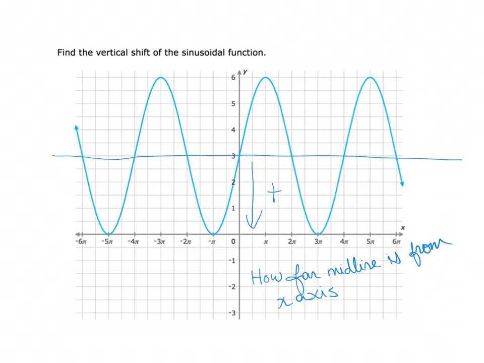It is up 3. So the vertical shift on this particular function is positive 3. Now if you want to calculate that, you would take your max and your min and you would add them together. So you would say 6 plus 0 and divide by 2. 6 divided by 2 is 3. So it works out like that.